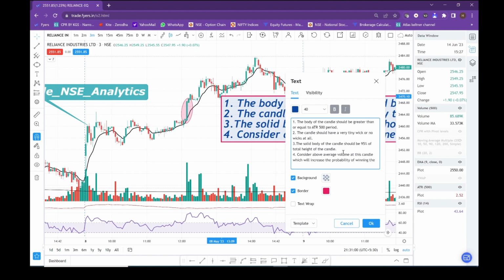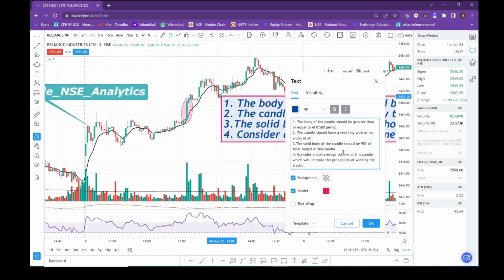When you are spotting the momentum candle, try to use the volumes also. Above average volume is the right way to consider the momentum candle.